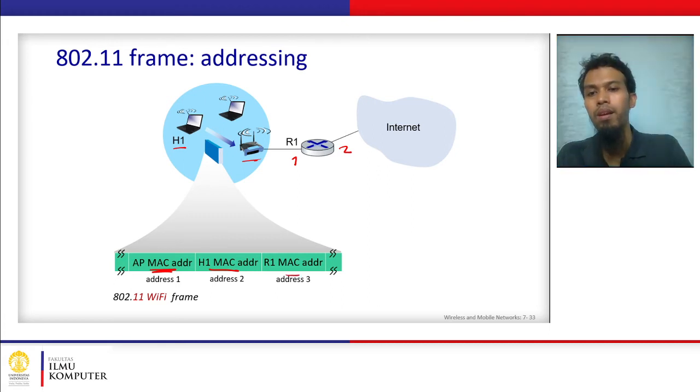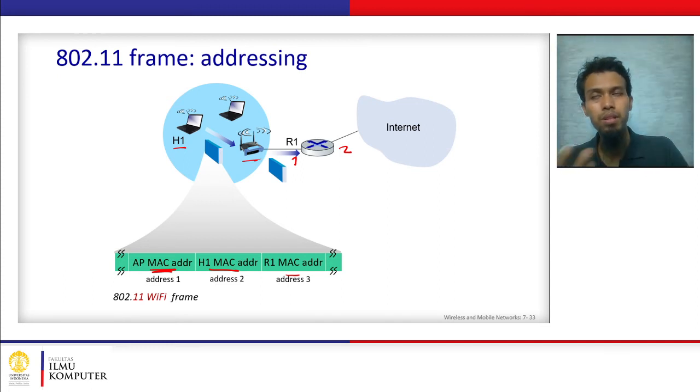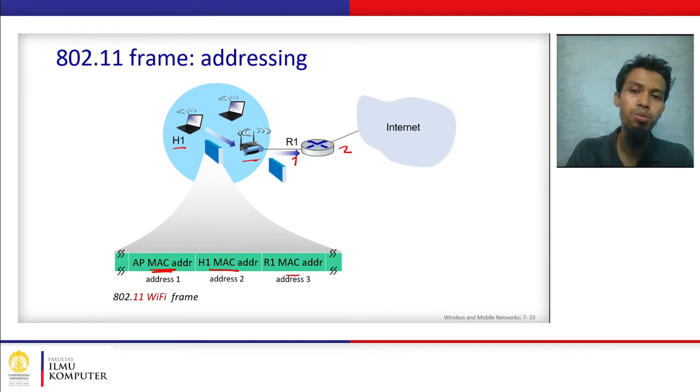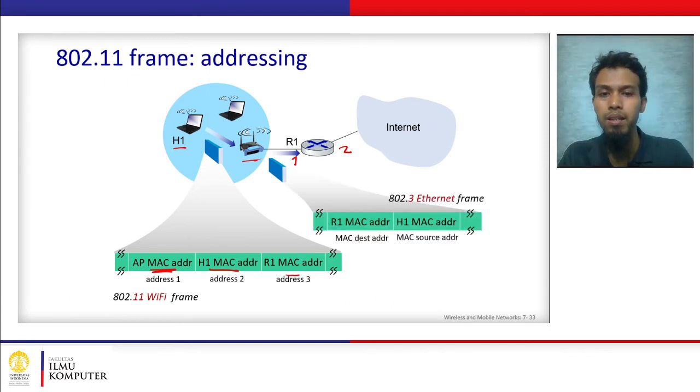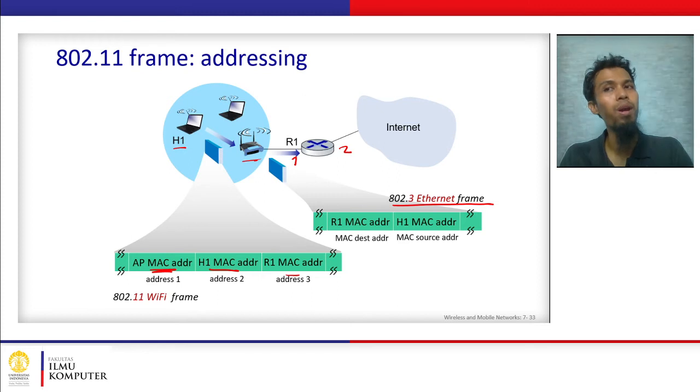Now when the access point forwards this frame to the router, since it is using the cable connection, most probably it is using Ethernet. So we are using the 802.3 Ethernet frame, and we are going back to the format that we talked about in the previous chapter.